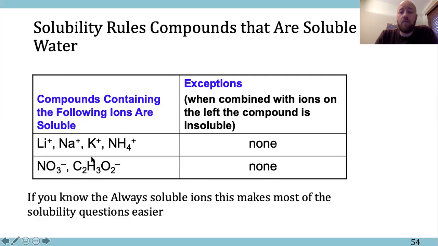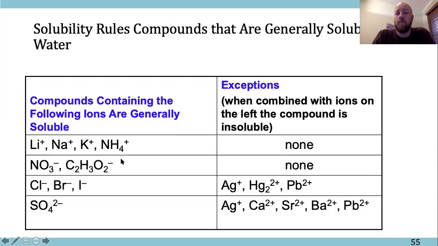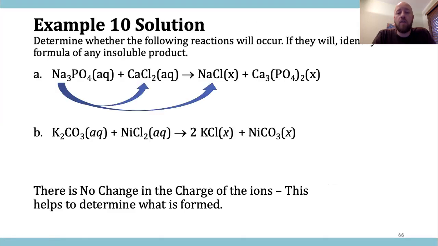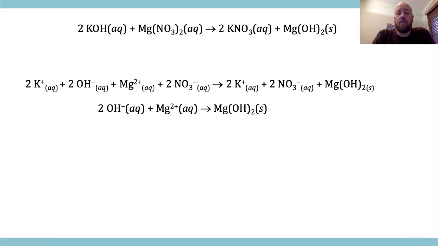In reactions where we are looking for spectators, knowing the rule number 1 ions potentially could identify spectator ions. These are always going to be spectator ions in these reactions because they're not going to be forming solids. So they are generally going to be on the side spectating.